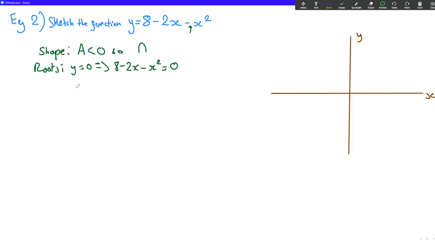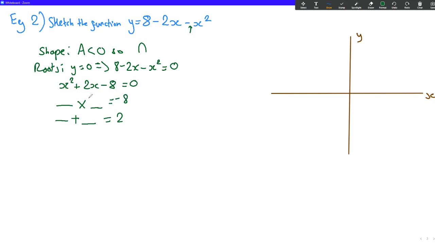So if we multiply everything by -1, we get x squared plus 2x minus 8 equals 0, because 0 times -1 is still 0. And now we can factorize this. So let's find two numbers that multiply to give -8, that add to give 2, like so.